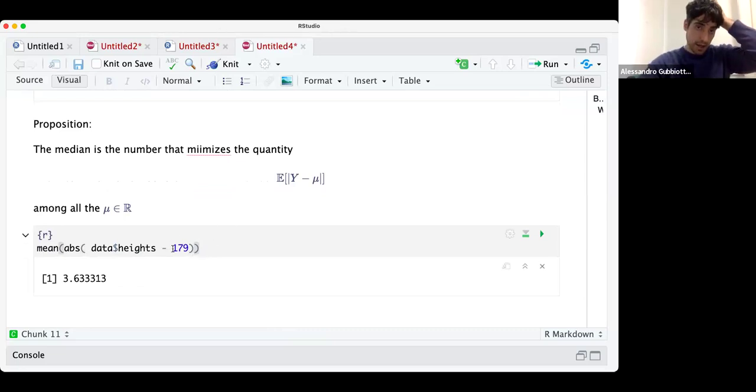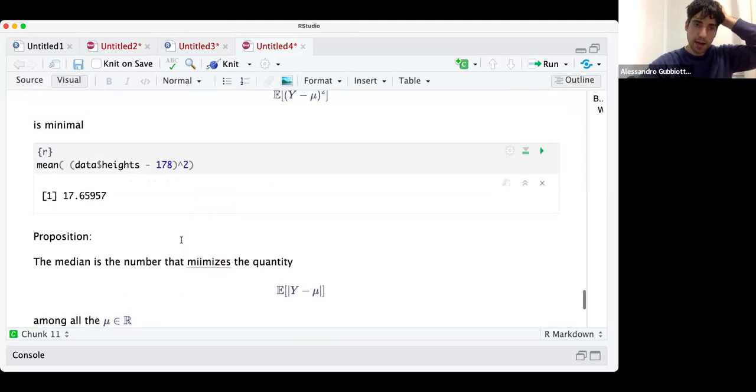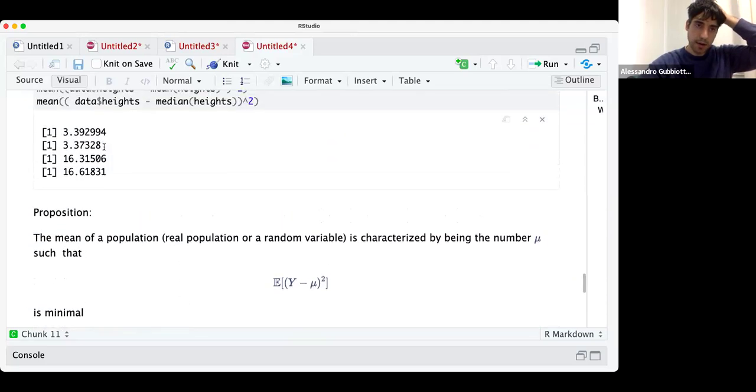Whatever number I place here, 178, 179, it will be bigger than this number.